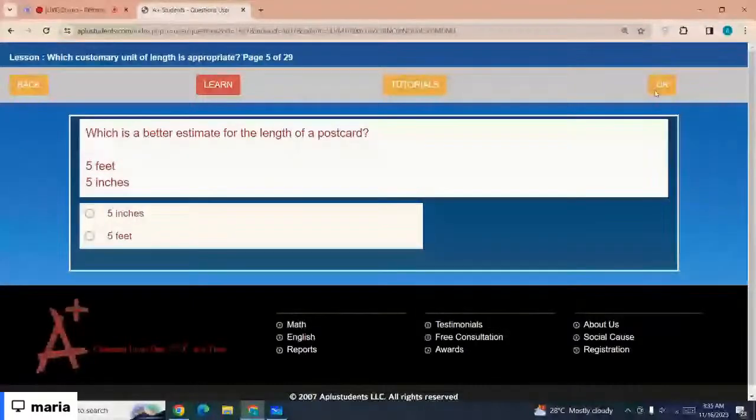Okay, which is a better estimate for the length of a postcard? 5 inches or 5 feet? That would be 5 inches, because 5 feet is too long for a postcard.